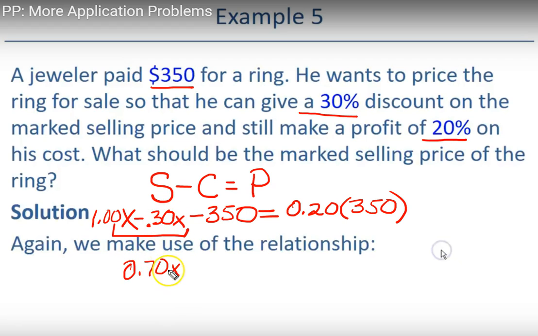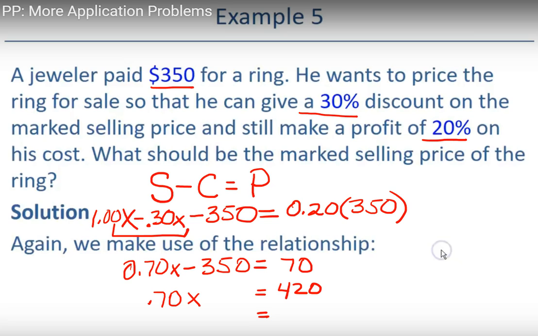That will be what he actually sells it for, minus the 350 equals, and you're going to multiply this, which we're going to do right now. So .20 of 350 is 70, we transpose or add 350 to both sides to get rid of it here. It's the additive inverse. That's 420.